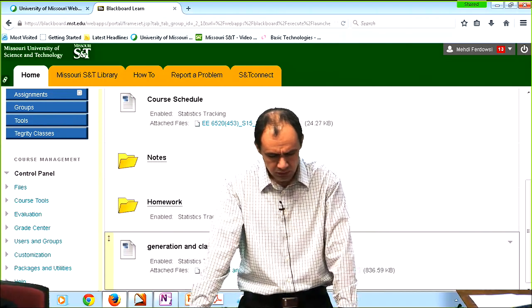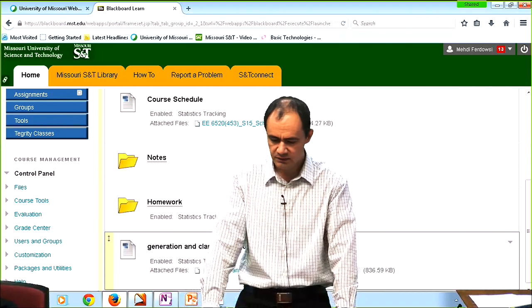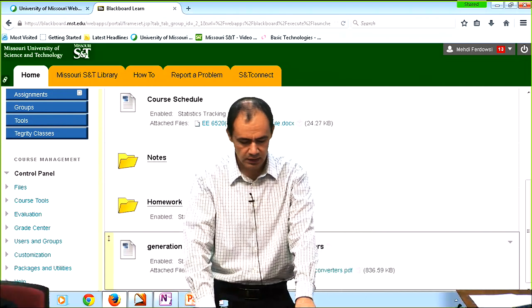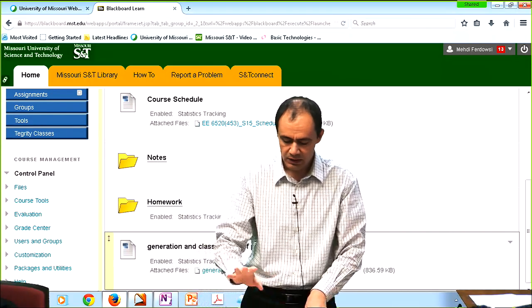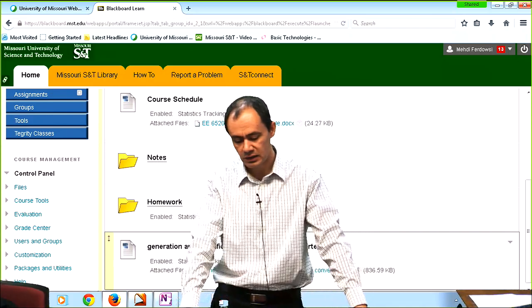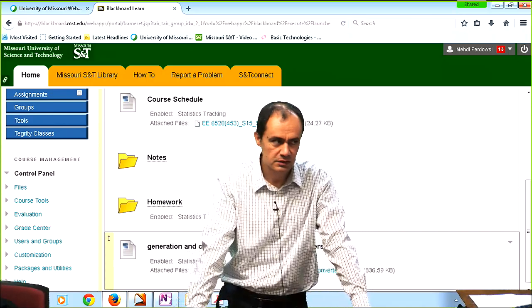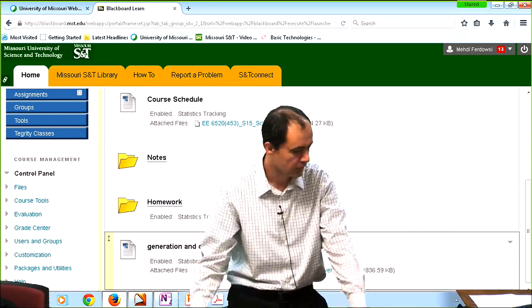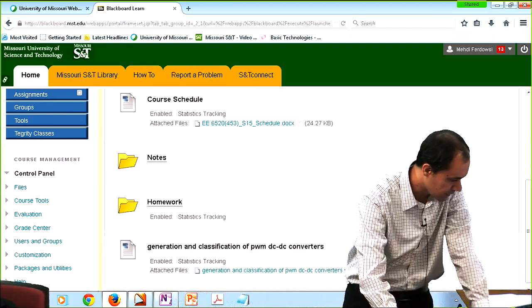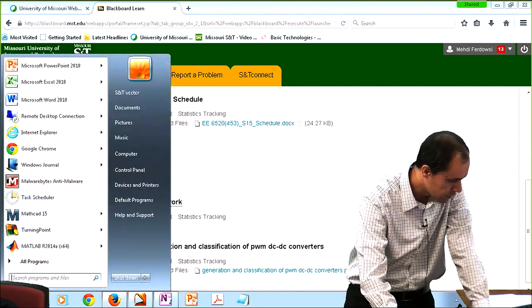We briefly talked about how to simulate these converters, and that's what I'm going to start today. And hopefully we will have time to look at just one isolated DC-DC converter, which is the flyback converter. Okay, so let's take a look at computer simulation.